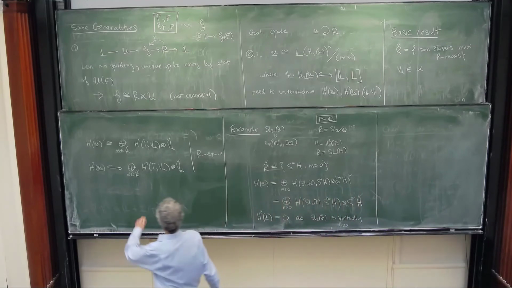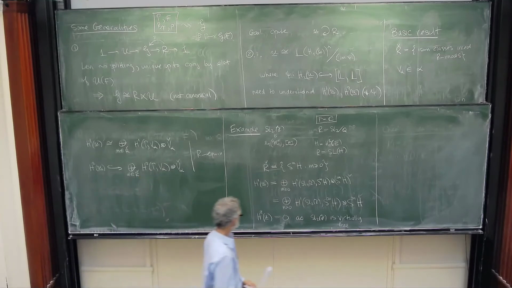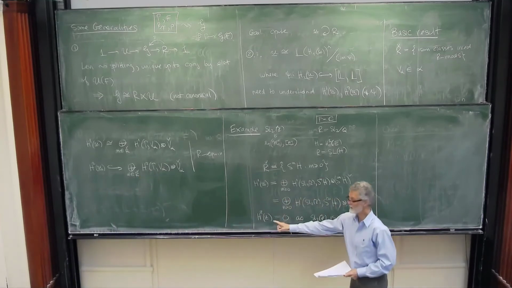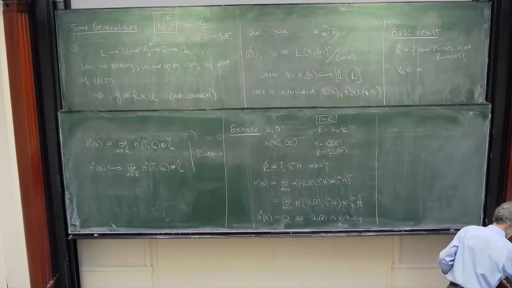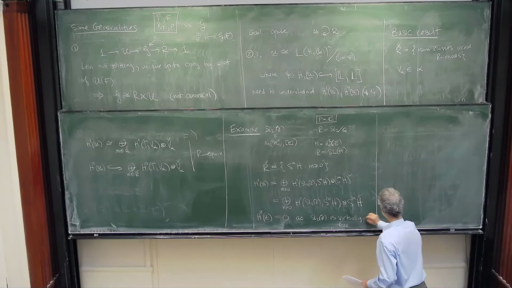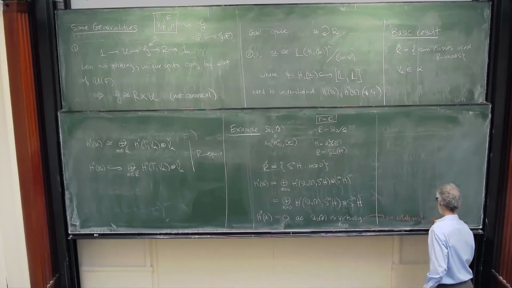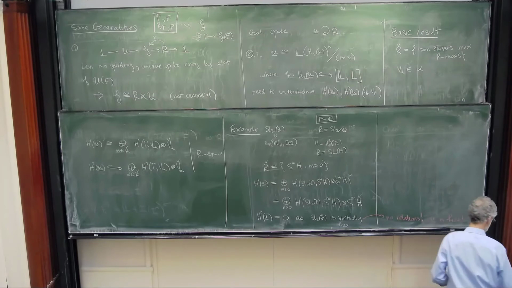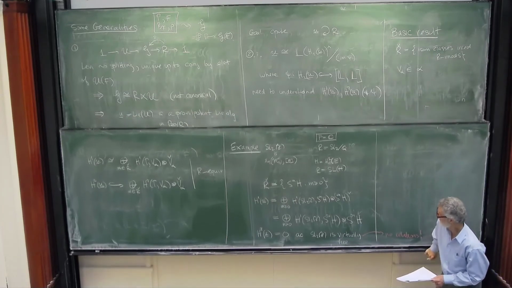All of these guys vanish. So what's this saying? This is saying there are no relations. So this says that U is free. This is why this example is easy, because I don't have to deal with relations.